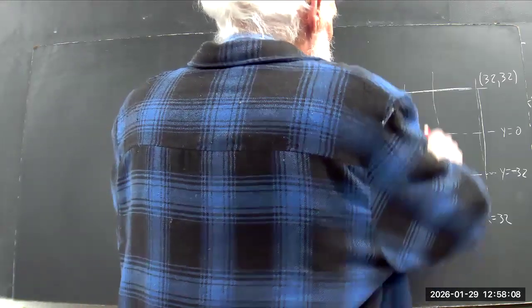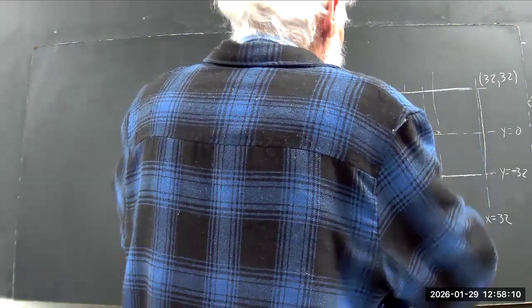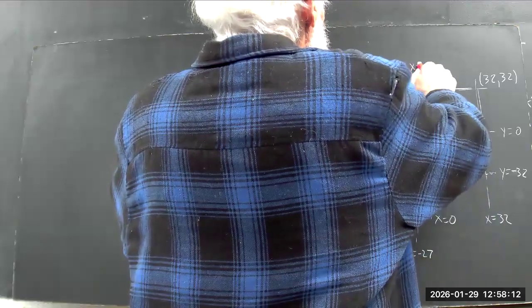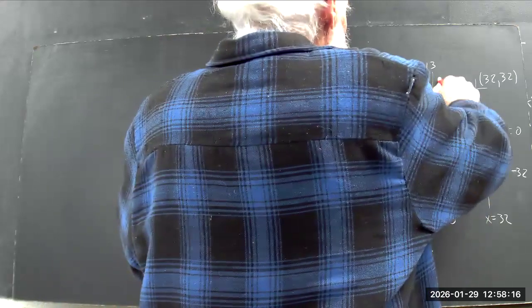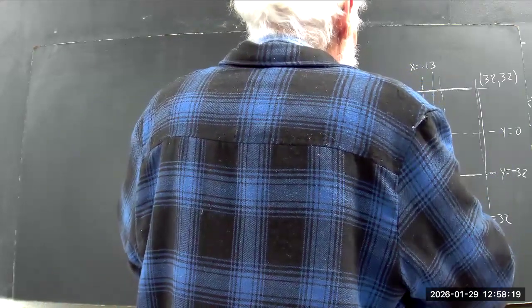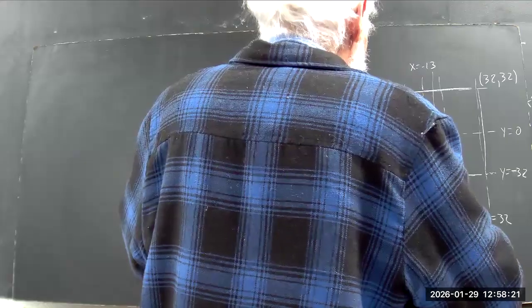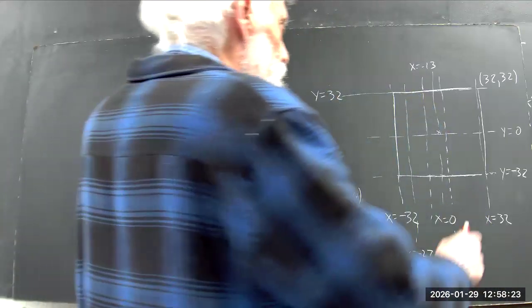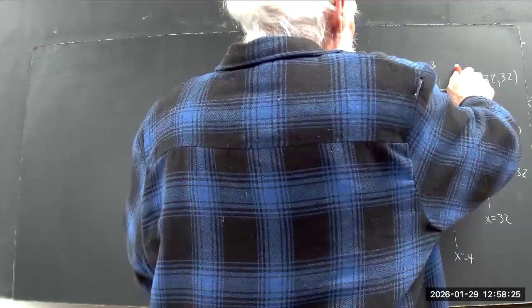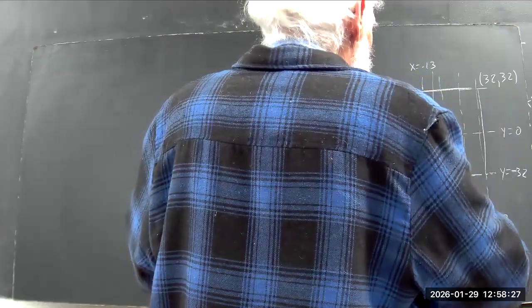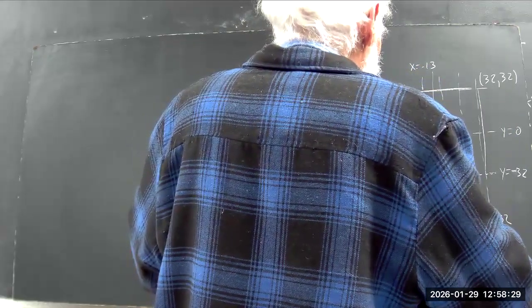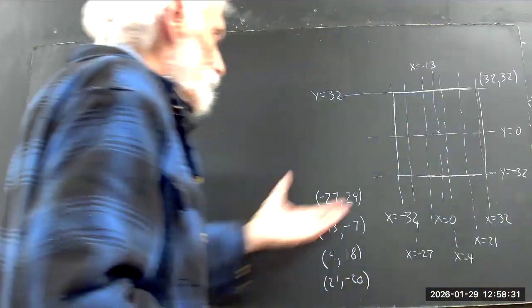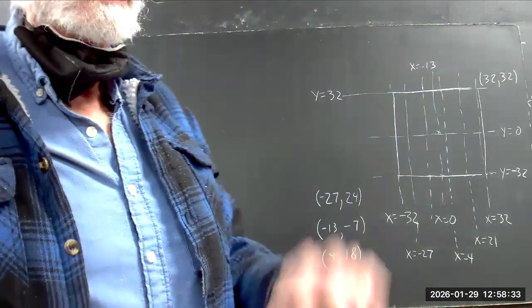Well, 16 would be here, so negative 13, say here. And then x equals 4, that's going to be pretty close to the center line. And x equals 21, closer to 32 than to 0, about 2/3 of the way or something like that. I don't claim that those points are precise.